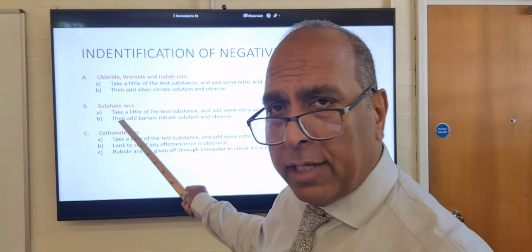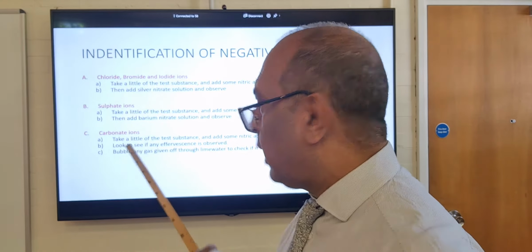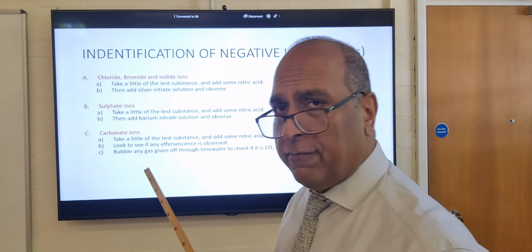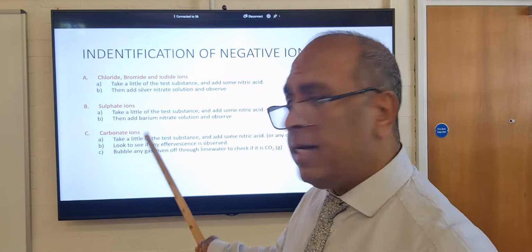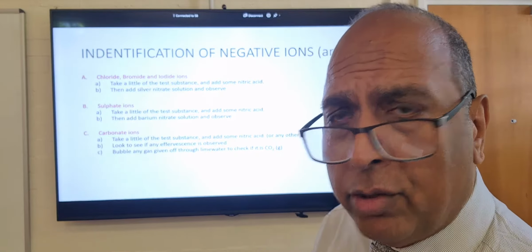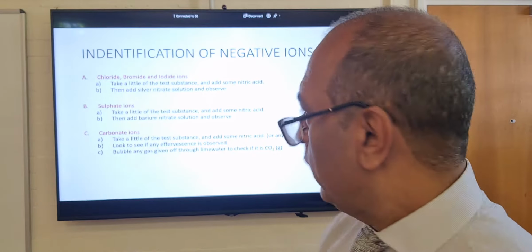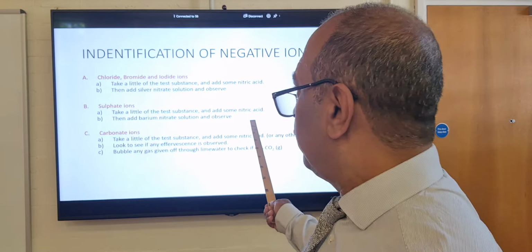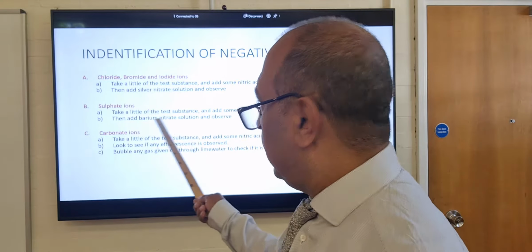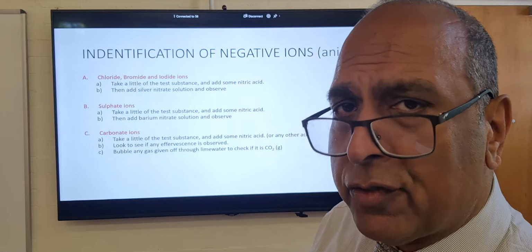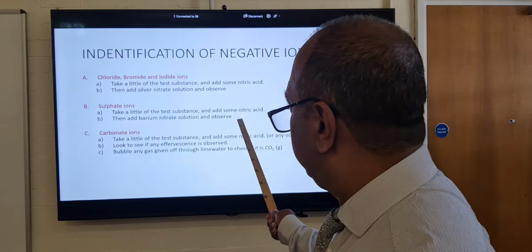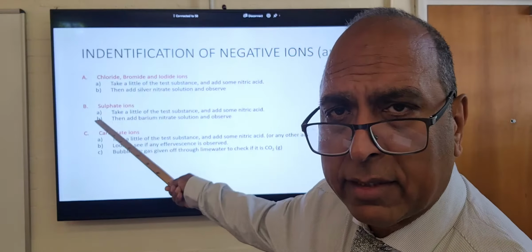Now, sulfate, SO4 2-, and carbonate, CO3 2-, those ions are tested for in these next 2 tests that are on the board. Sulfate. Well, again, you've got to add nitric acid or acid to get rid of any ions that may mess up your results. But you cannot use sulfuric acid.